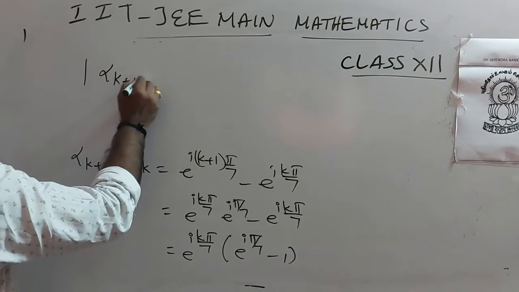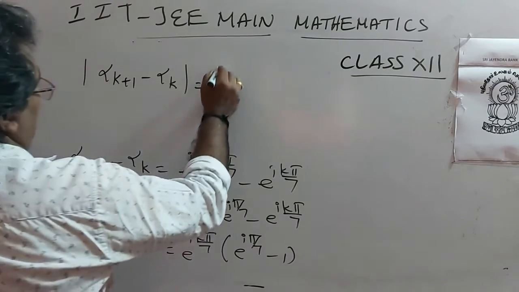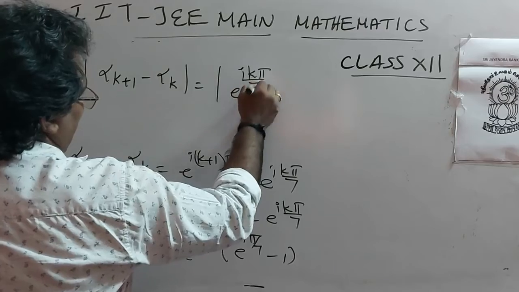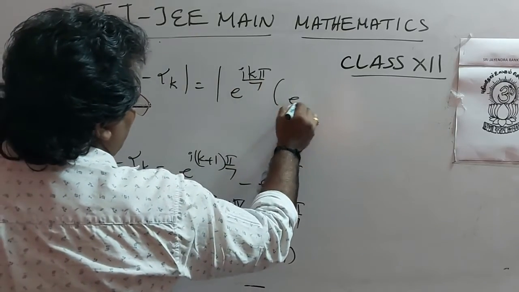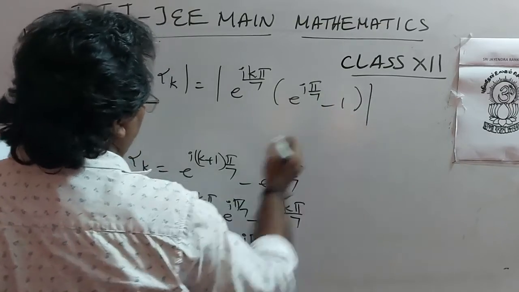So |alpha k+1 − alpha k| equals modulus of e power i k pi by 7 into modulus of (e power i pi by 7 − 1).